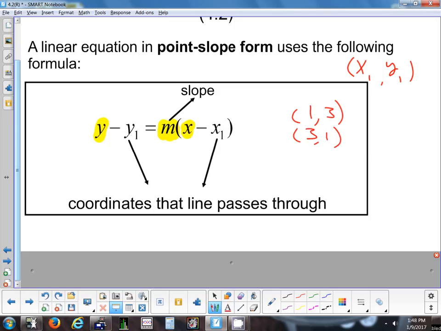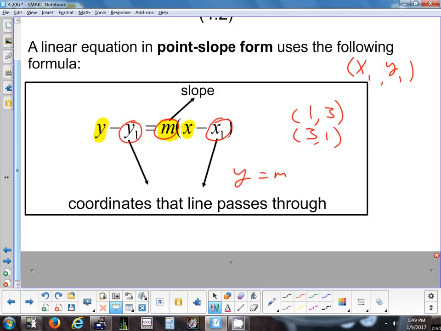In yellow, all I did was highlight the things that were the same in this formula and the last formula. You don't need to highlight anything in yellow. I'll show you on the next page, but we're going to plug in a number here, a number there, and a number there. What two letters didn't I plug anything in for? The y and the x.